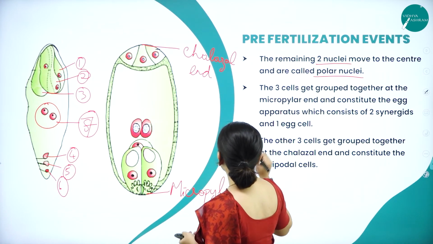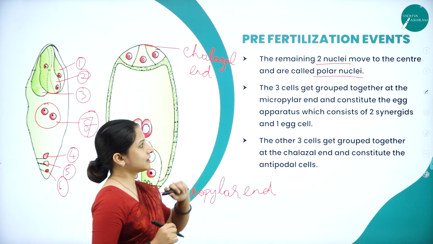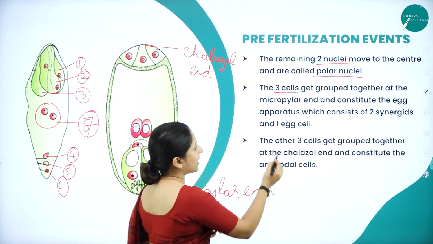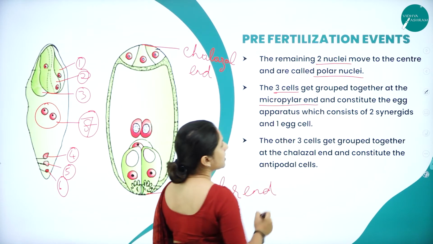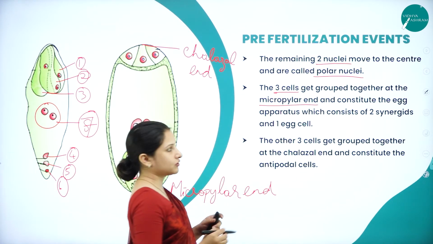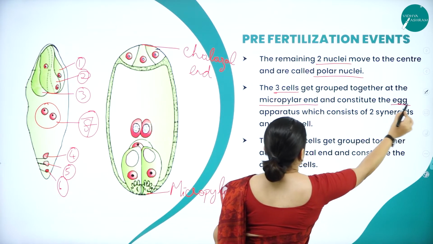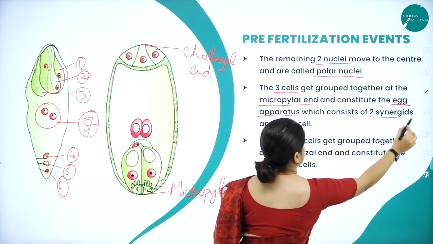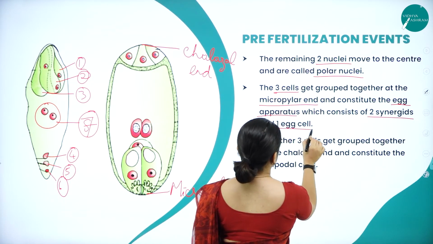Chalazal end. So what happens here is 3 cells will get grouped together at the micropylar end, and they constitute the egg apparatus: 2 synergids and 1 egg cell, so 2 plus 1, 3.